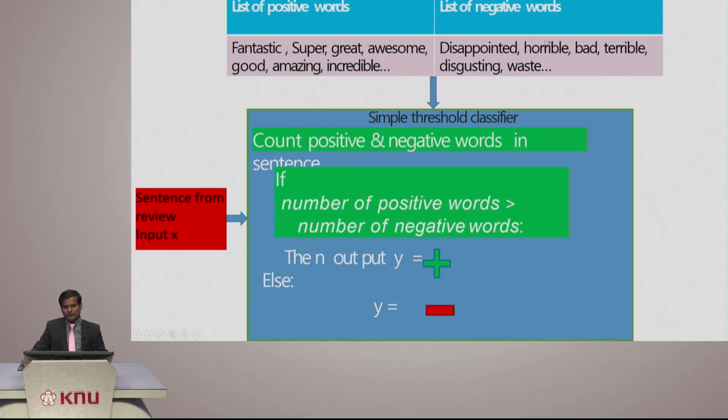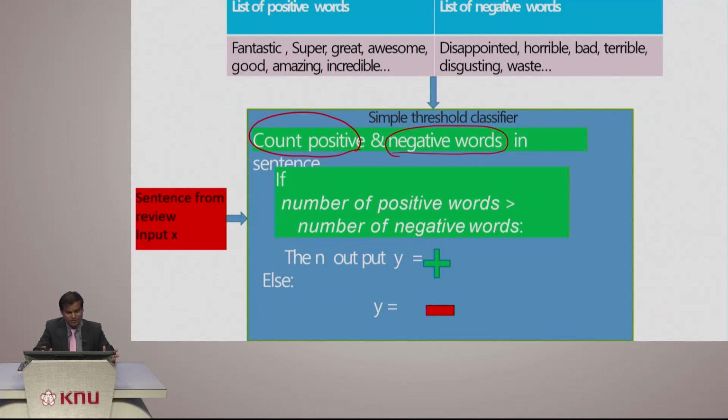So these are a list of positive and negative words we have there, and when you see the input sentence from the review, you are going to count the positive words which represent positive thoughts, and you are also going to count the words which are going to have negative thoughts in the sentence that is given as the input.